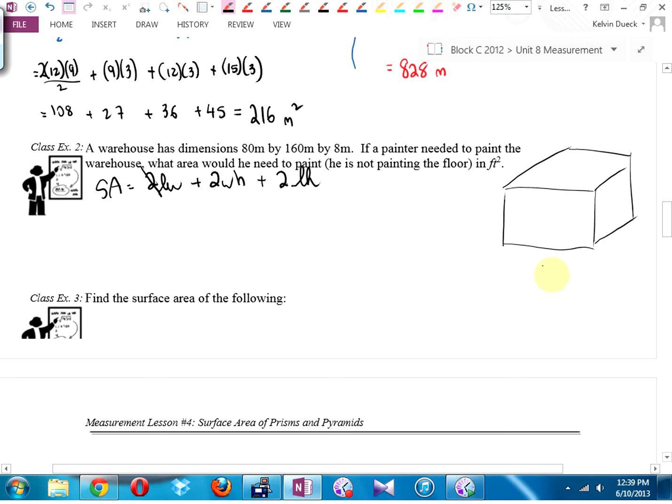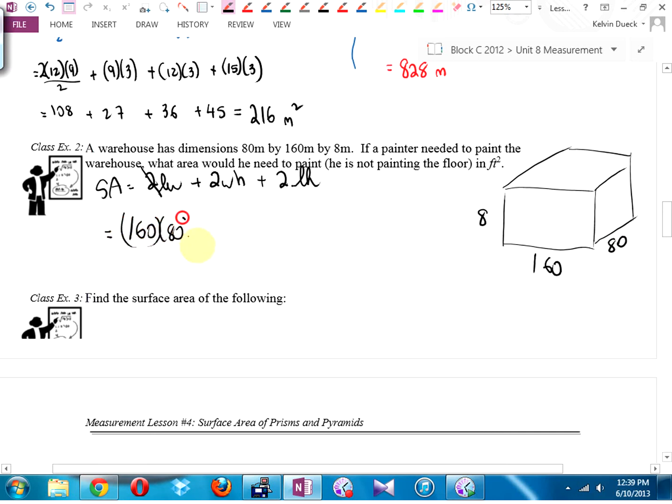Which of these do you think is the height? I think the 8, because 8 meters high, that's 2 stories. Now, I kind of have to guess. On the provincial, they'll give you a picture. And this is 160. This is 80.